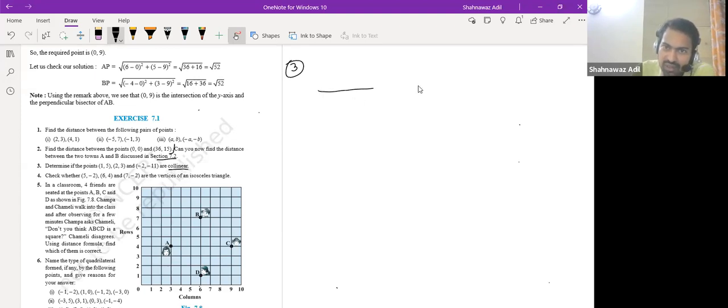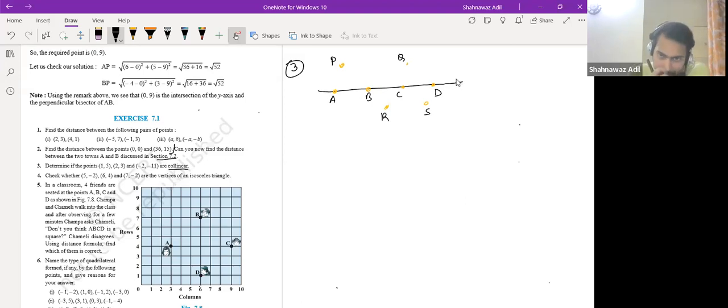Let's say that we have this straight line, right? And on this straight line we have these points, and we have these other points. Let's say this is A, B, C, D, P, Q, R, and S. So you can see that on this line, the points are A, B, C, D. So A, B, C, D are collinear points.